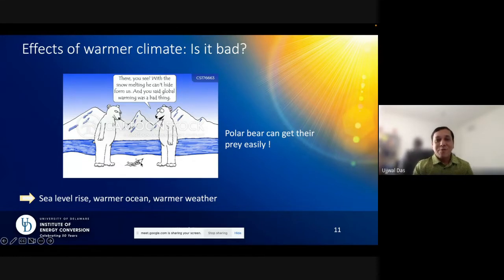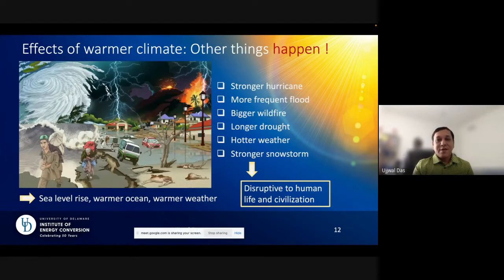And you said global warming was a bad thing. Well, it may be good for the polar bear, but a whole bunch of other things happen. First of all, this warmer climate creates stronger hurricanes, more frequent floods, bigger wildfires, longer droughts, hotter weather, and stronger snowstorms, and all of these phenomena are very disruptive to human life and civilization.